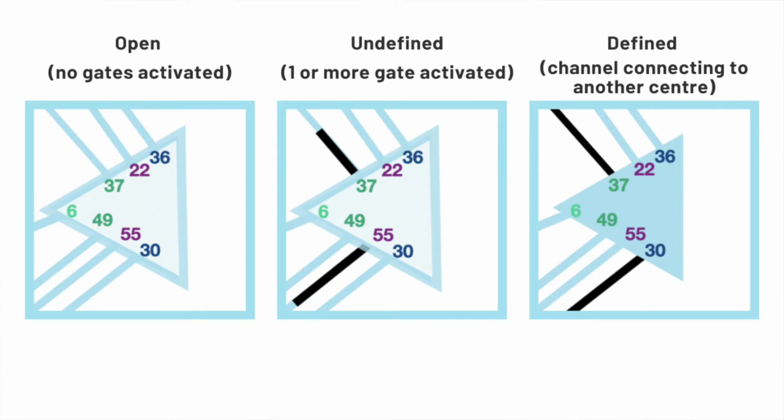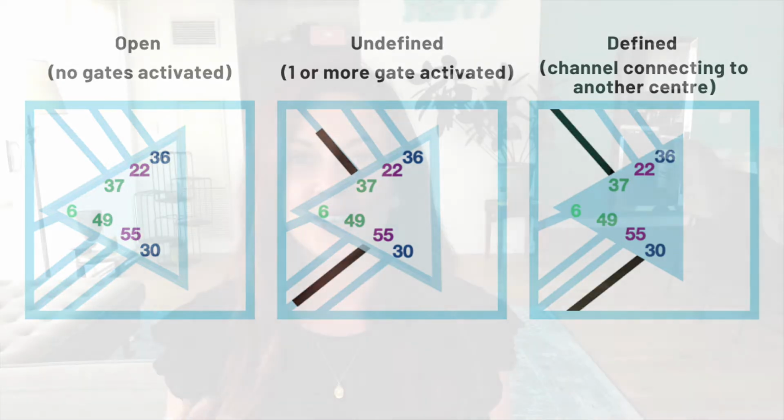So undefined is when there are still gates on the center, and open is when there are no gate activations on the center. And I'm probably going to refer to undefined and open just as open centers, because I tend to talk quickly sometimes, and it's easier to hear defined and open versus undefined and defined. And it's easier to say too. There's a lot of similarities between undefined and open centers. So for this, we're just going to call it the same.